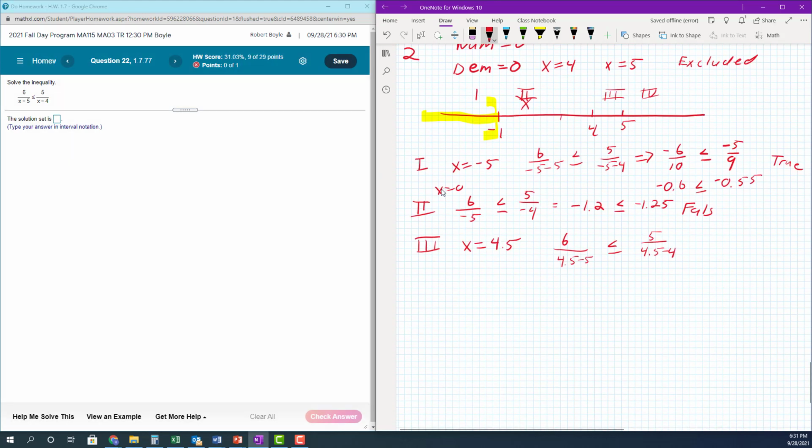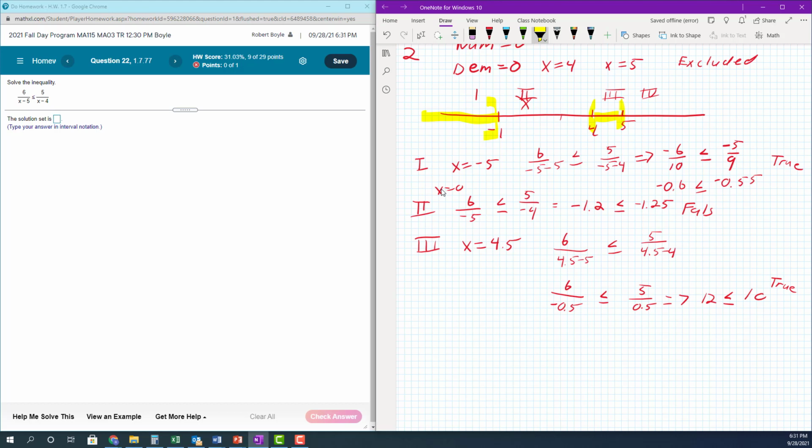That will become 6 over -0.5 is less than or equal to 5 over +0.5. And that becomes 6 divided by -0.5 is -12, less than or equal to 5 divided by 0.5, which is +10. This is true. So this interval is part of the solution, but not 4 and not 5, because they make the inequality undefined.